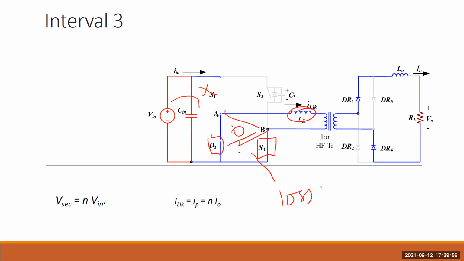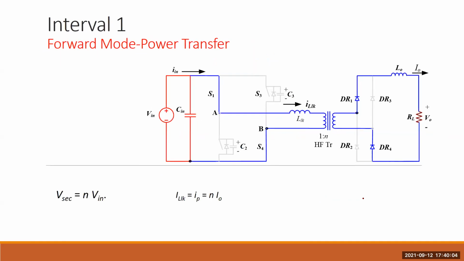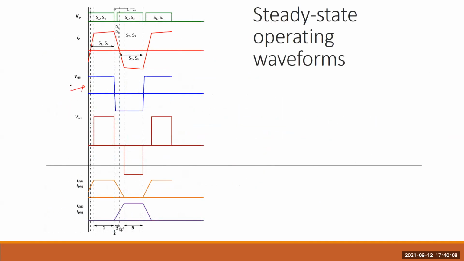Because of the inductance, when we see the voltage and current, here you can see this is the transformer input voltage, and this is the transformer current.